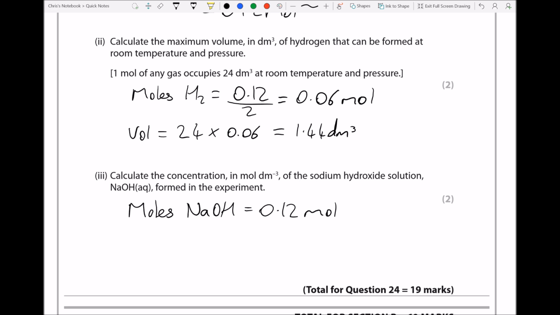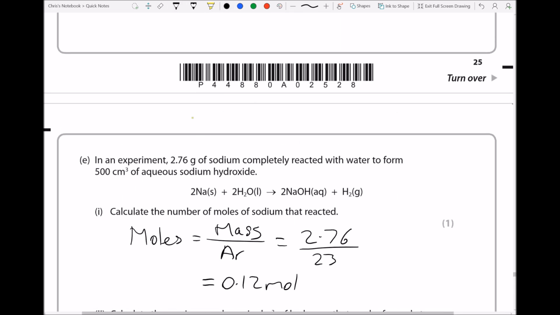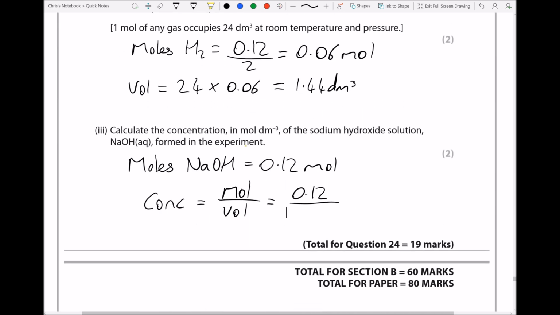So that's going to be 0.12 moles. Okay. And then the concentration is, remember, the number of moles divided by the volume. So the number of moles is 0.12 divided by the volume. Now the volume I think was 500. Yeah, look there, 500 centimeters cubed. So that's what we're going to use. So it's going to be 500 times by 10 to the minus 3.